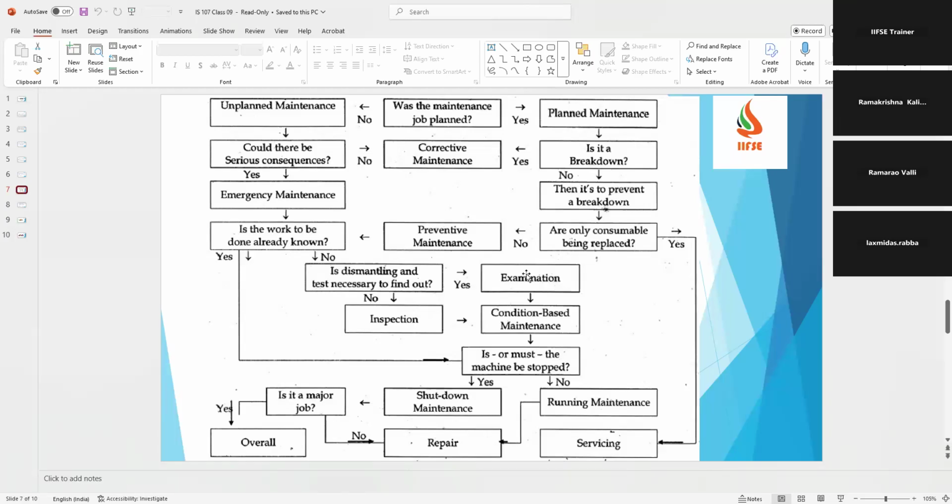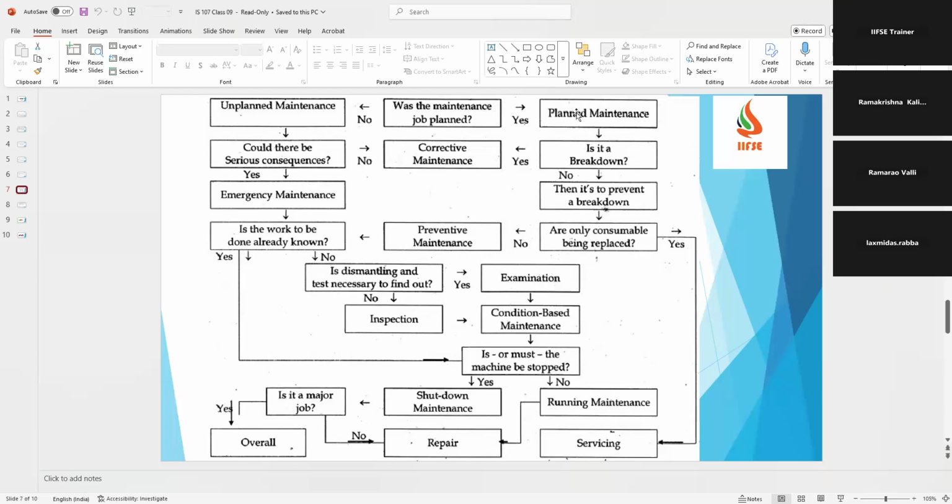If yes, then examination. Again, it will go for condition based maintenance, based on the condition of the equipment or the condition of the parts inside. Accordingly, you will decide, and then you have to stop or you just do running maintenance.